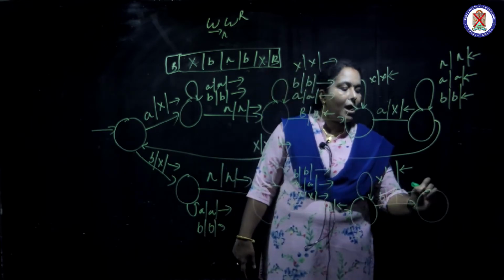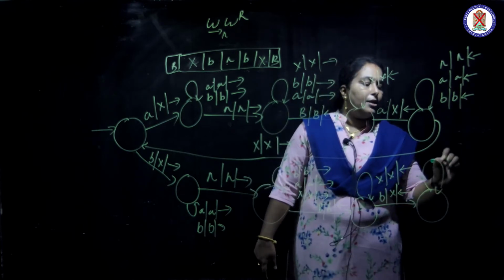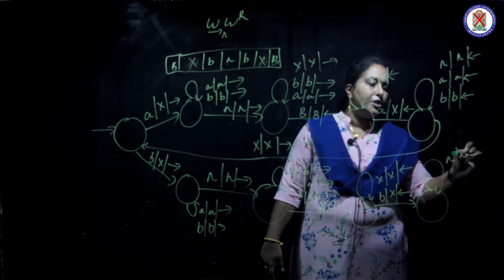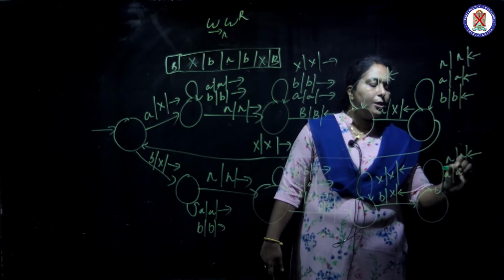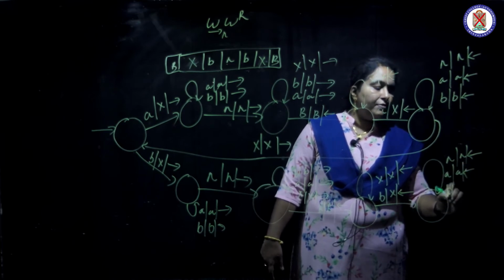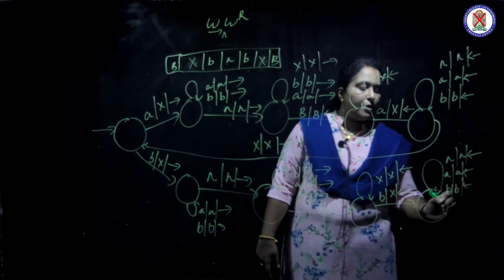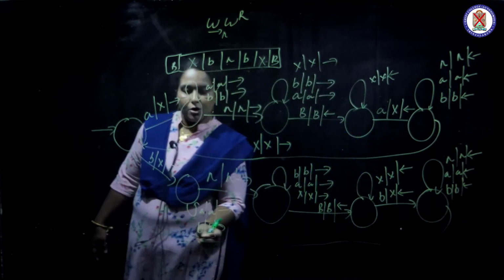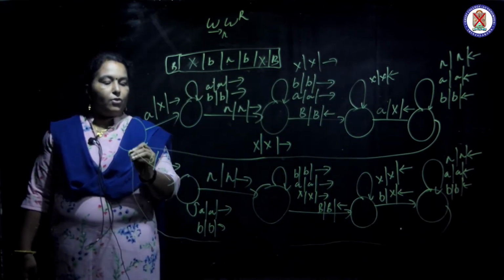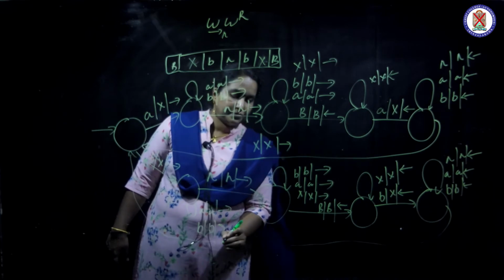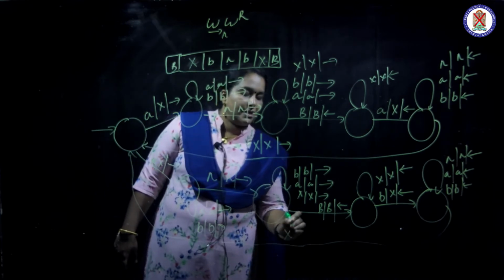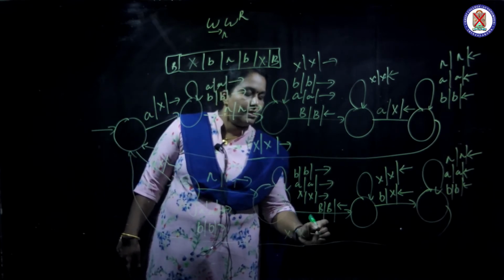When I am moving backward, I will see null, that is to be bypassed. A will be seen, that is to be bypassed. B will be seen, that is to be bypassed. Then we have to take care of only x. Okay, so x seen, I make it as x and move forward.